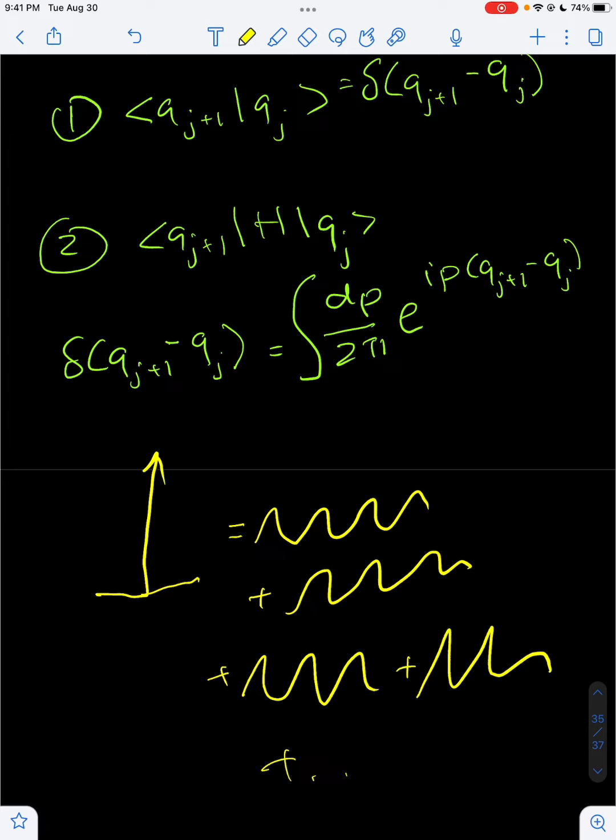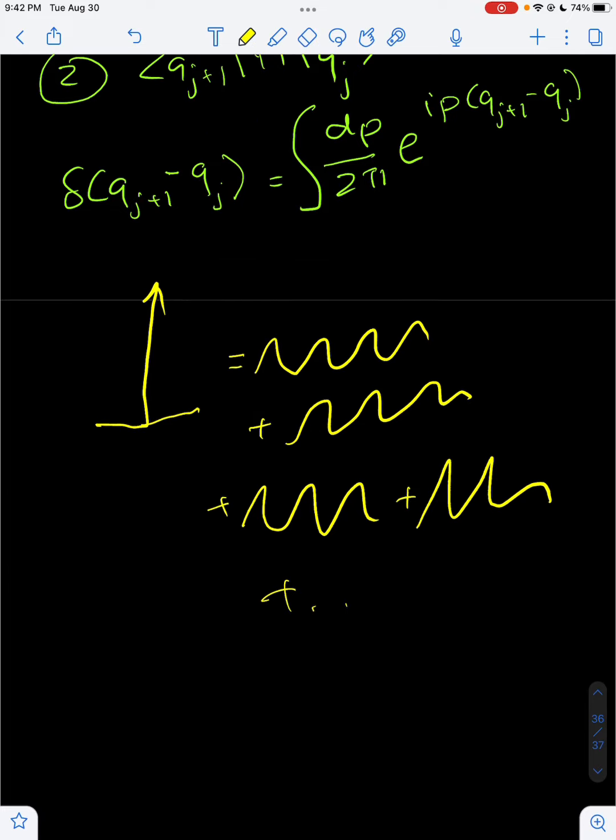This is just a true thing about functions in general. We can decompose a function in terms of these oscillatory waves. So all we're saying here is that this delta function is equal to summing up a bunch of plane waves together with different momentum k. That's all we're doing here. This shouldn't really be anything new to you guys, technically speaking, but if it is new, there you have it.